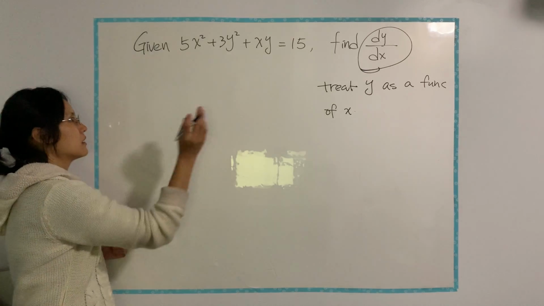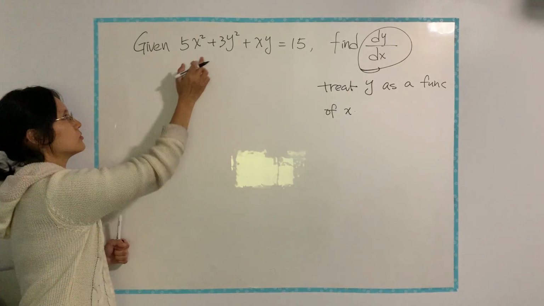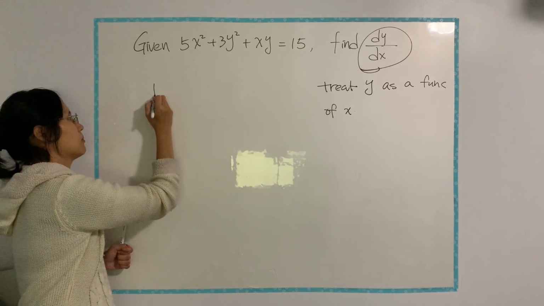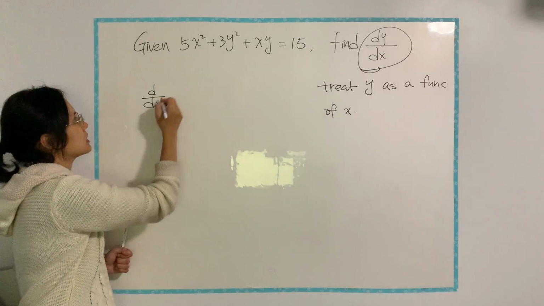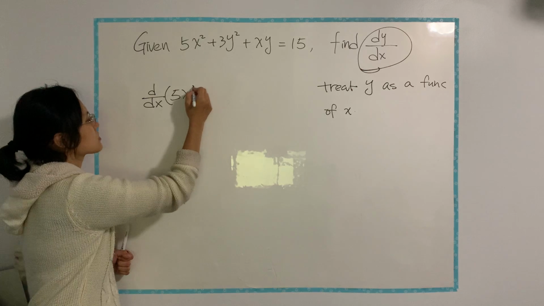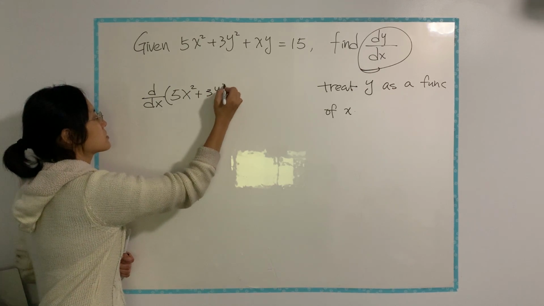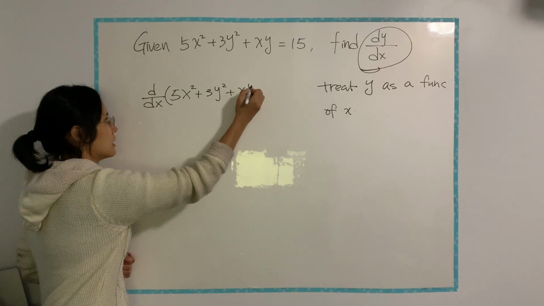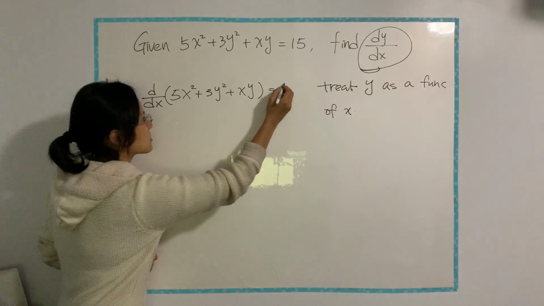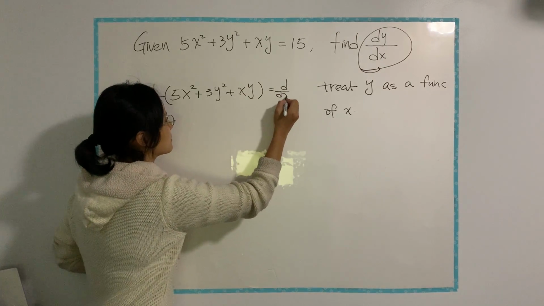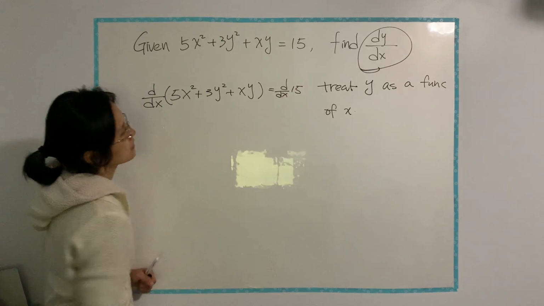So now we know what to do. We differentiate both sides of the equation. So d/dx of 5x squared plus 3y squared plus x times y equals the derivative of 15.